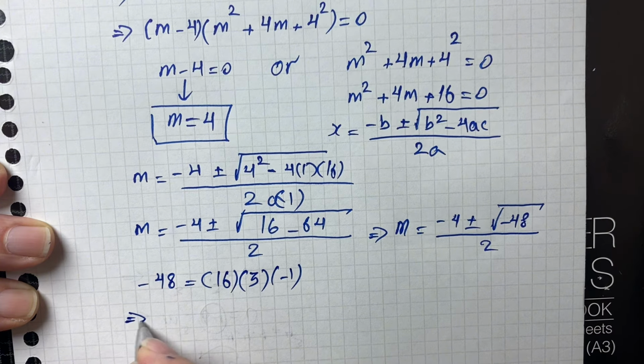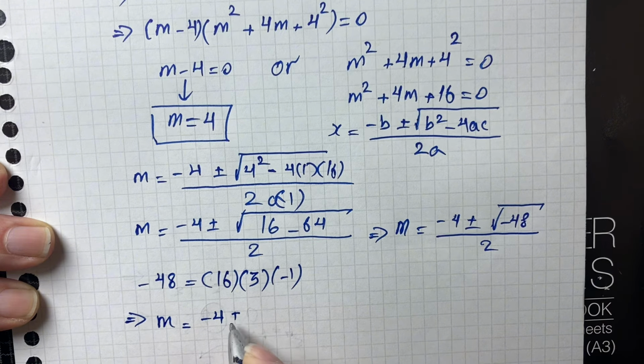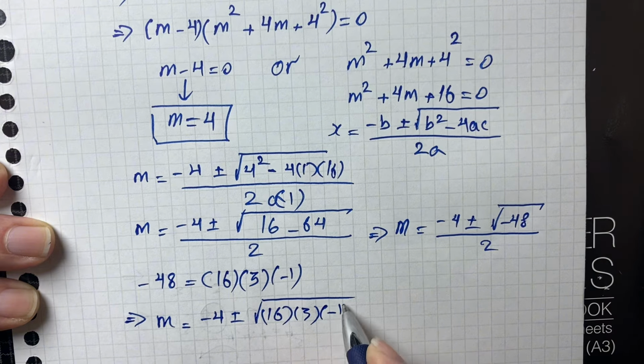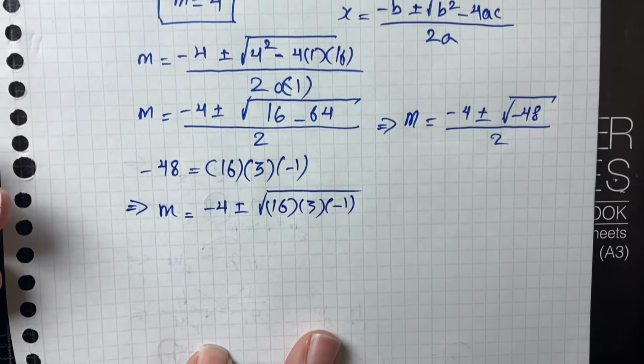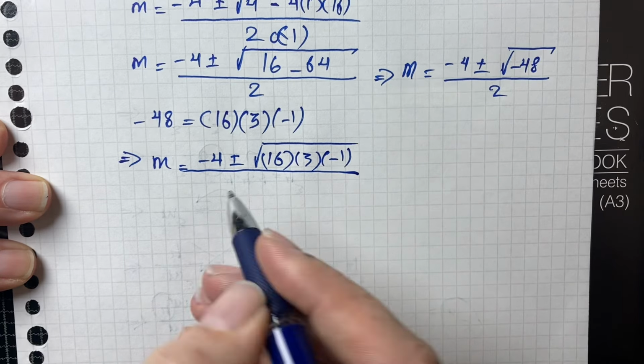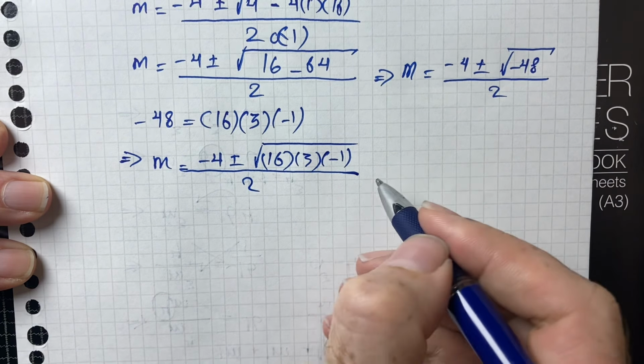So let me write it here. m equals negative 4 positive negative square root of 16 times 3 times negative 1, and bottom we have 2, right? So what is this?